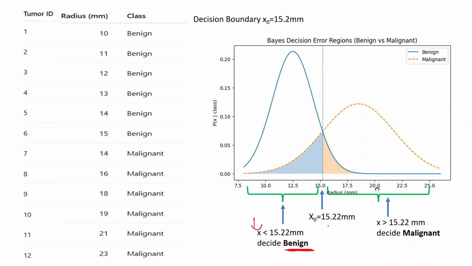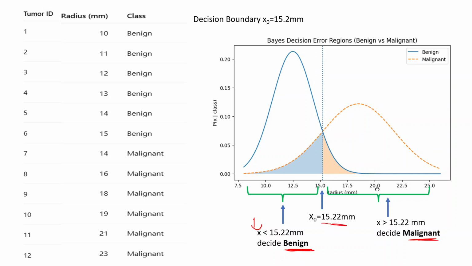But whenever the input feature value is greater than that, we are going to decide it as a malignant case. That is, this becomes the decision boundary. How did we make the decision boundary? We equated the probability density function value of the benign case and the malignant case, and then we got this.